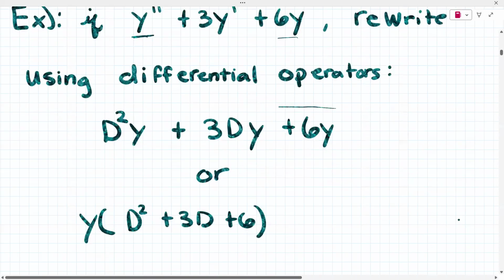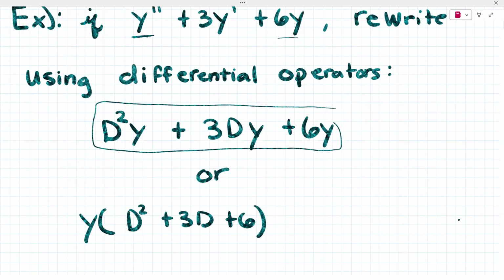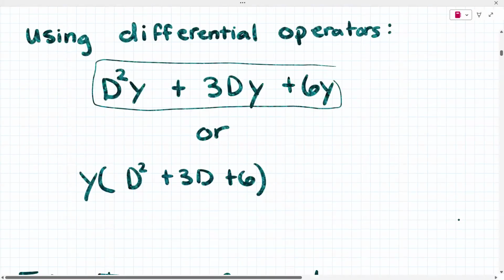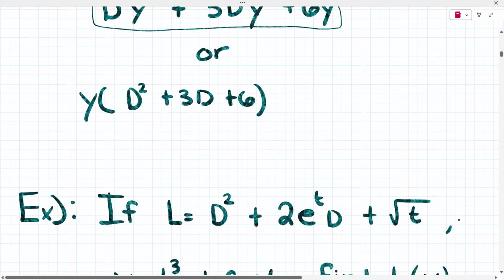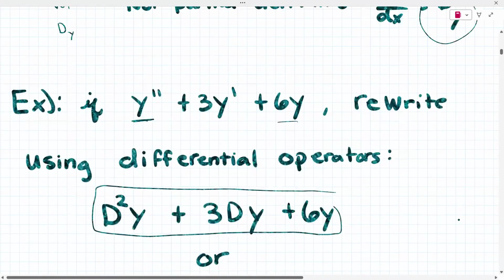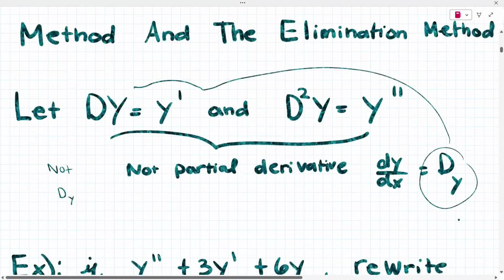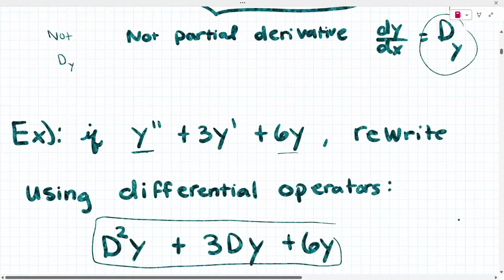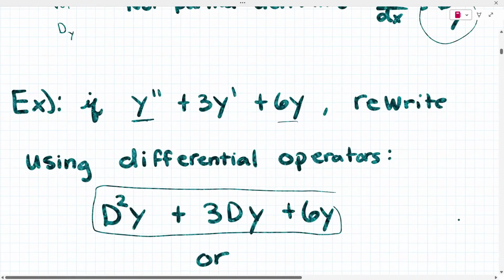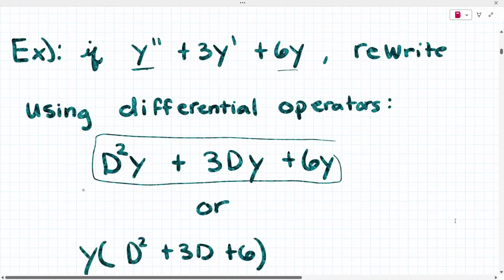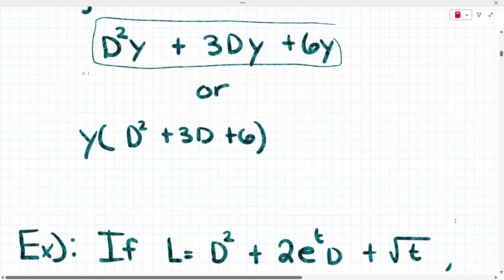So this is what I got here. Then what I see I could do is they all have a common y, so we can just factor that out. And now I have this. Okay? So pretty simple. All I did was replace y double prime with d square y and y prime with dy. Nothing new so far. We've done this before. And then factor as much as you can.